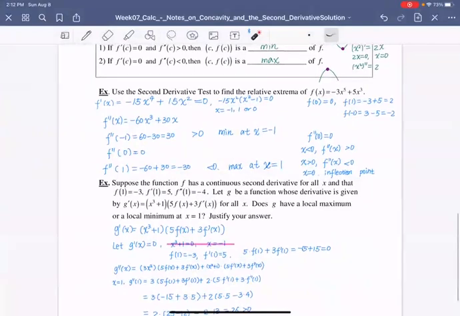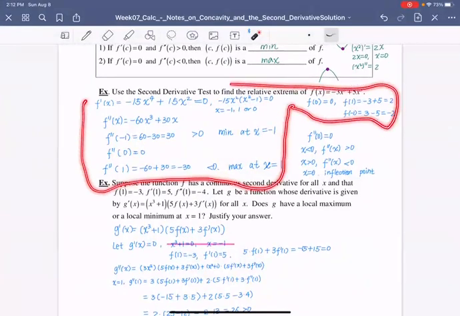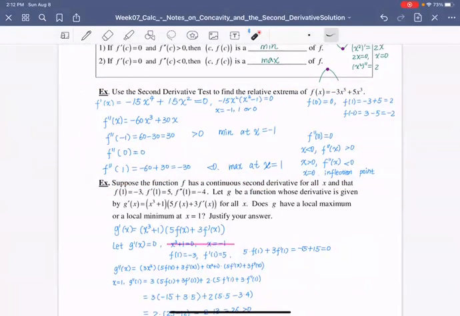So go ahead, finish your notes. Please ask me questions if you feel confused at any place. Wait, teacher. Like the final answer, the relative extrema, it doesn't include 0?